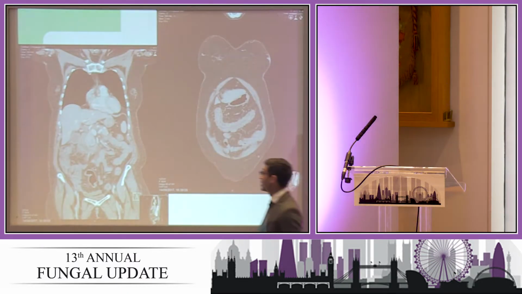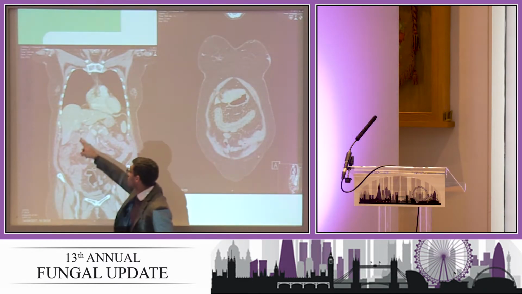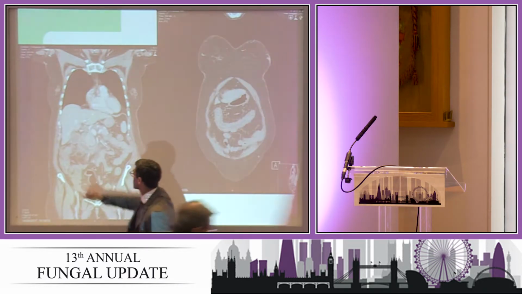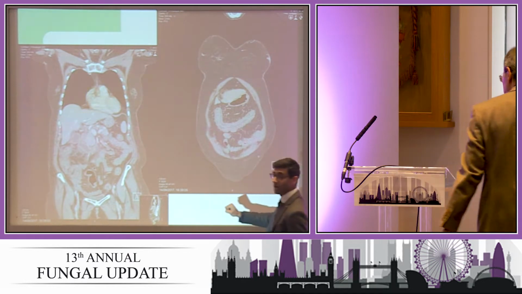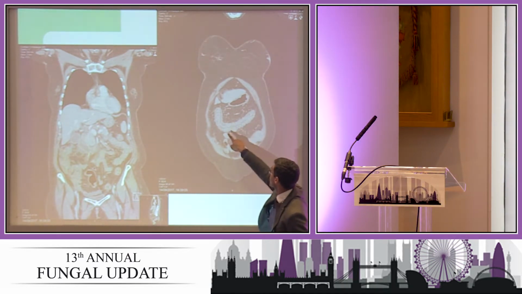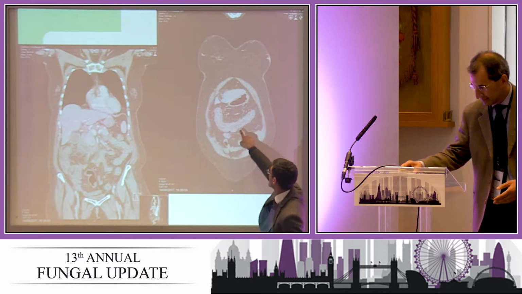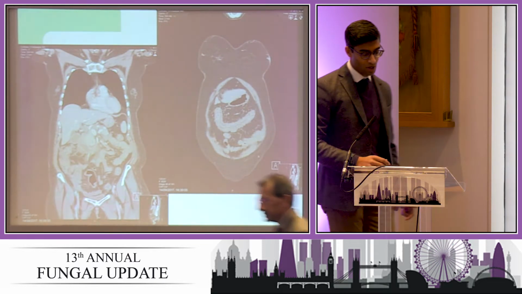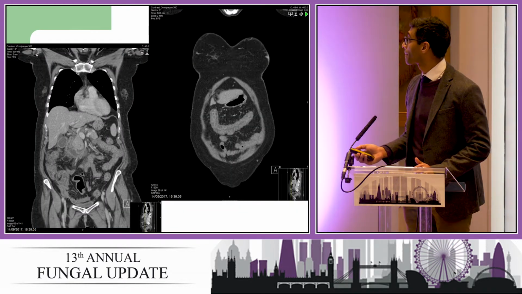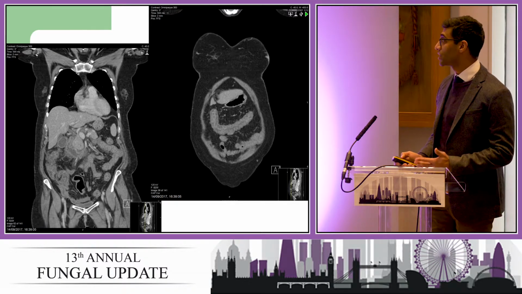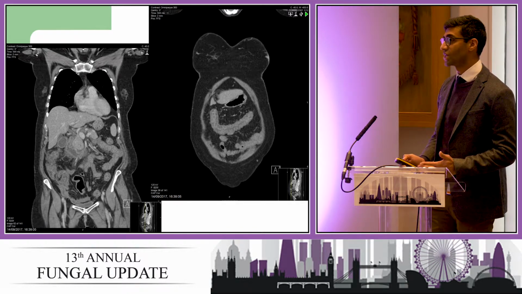You can see thickening and mucosal enhancement of the second part of the duodenum, as well as the right side of the colon. In addition to that, the transverse colon here has mucosal edema and submucosal edema within it, and it's thickened. So you've got discontinuous segments of bowel that are affected, which you wouldn't necessarily see in an opportunistic infection.